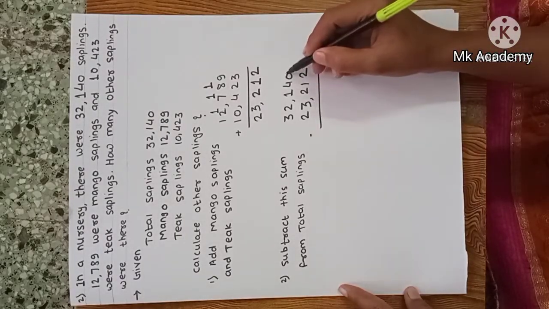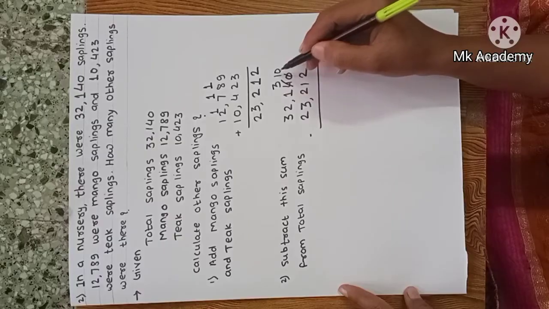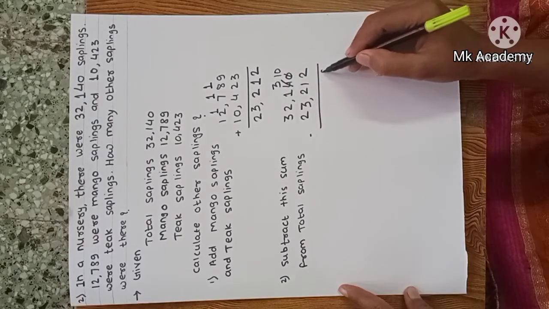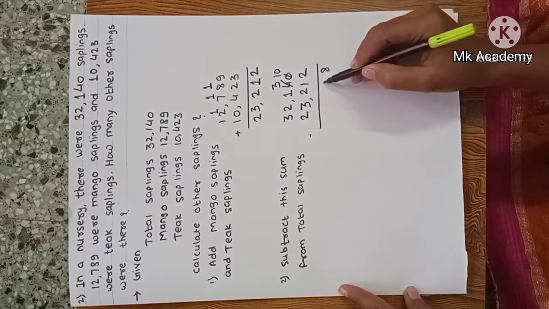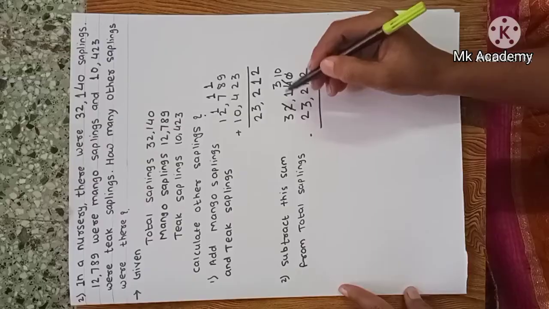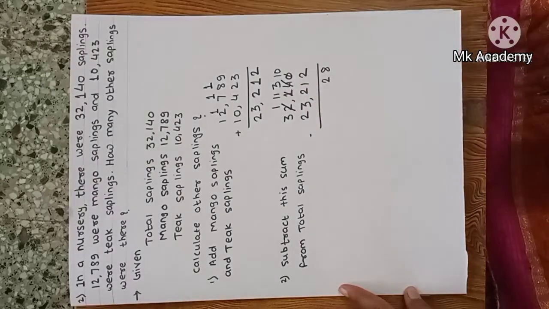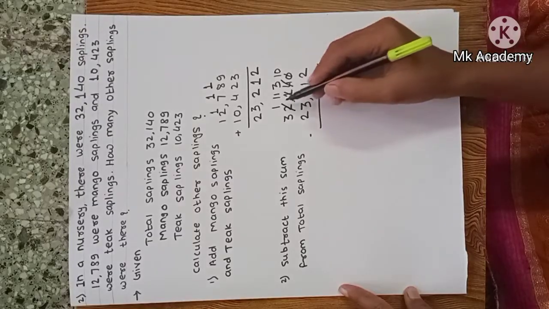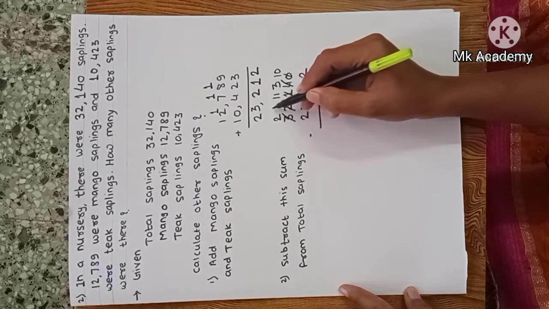Now this is 0, therefore we borrow from here. We get 3 here and 10 here. Now 10 minus 2, 8. 3 minus 1, 2. 1 minus 2 is not possible, therefore we borrow from here. Here we get 1 and here 11. Now 11 minus 2, 9. 1 minus 3 is not possible, therefore we borrow from here.